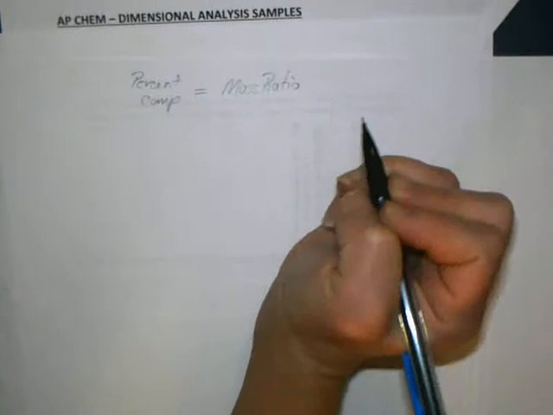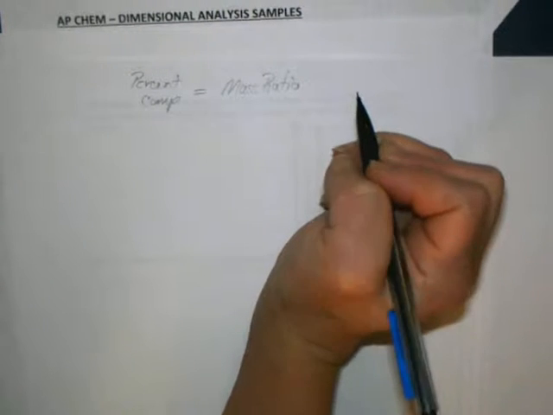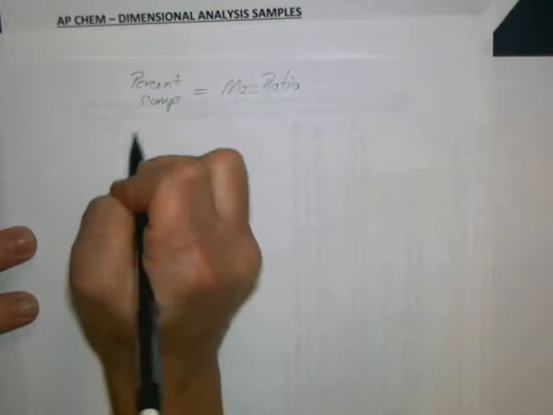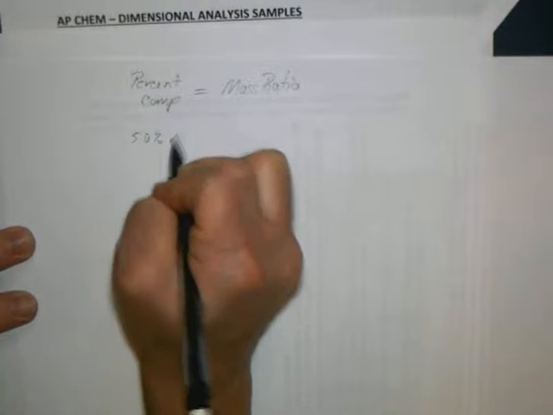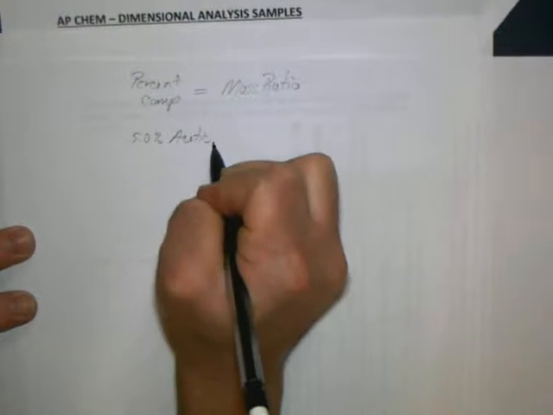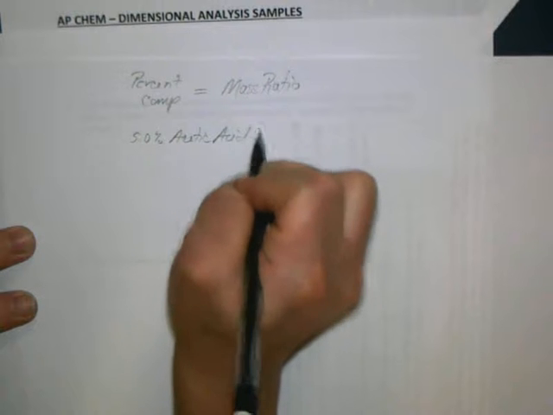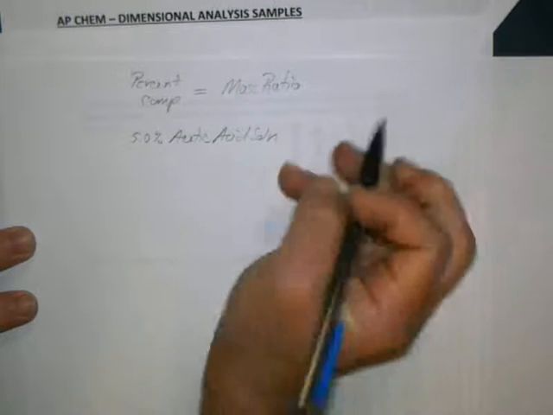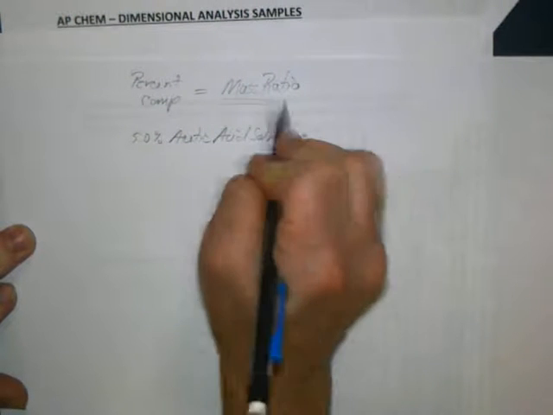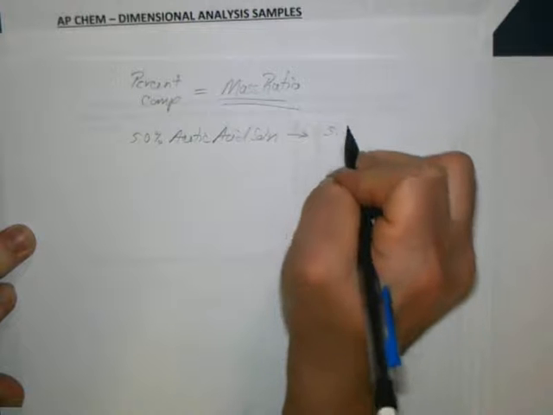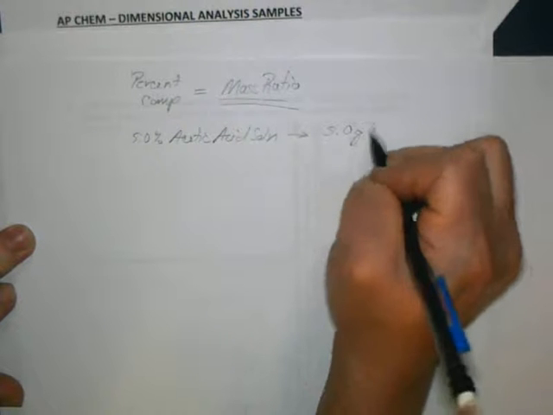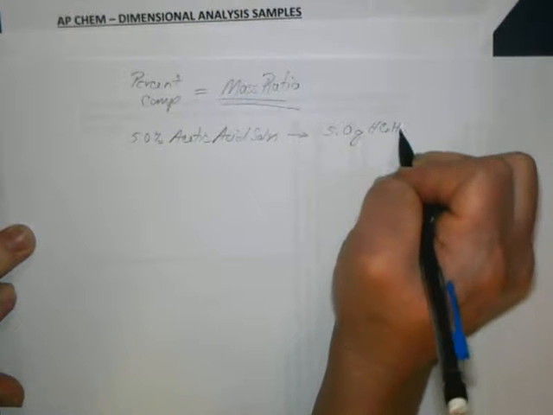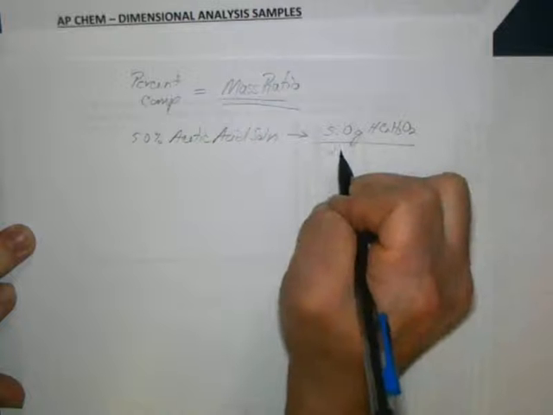When you purchase any kind of vinegar in the grocery store, it's a 5% acetic acid solution. Now, what that means is there are 5 grams of acetic acid per 100.